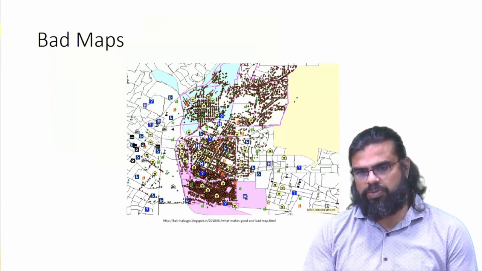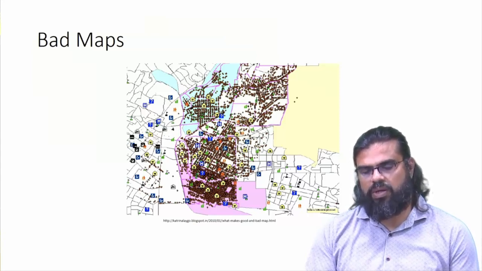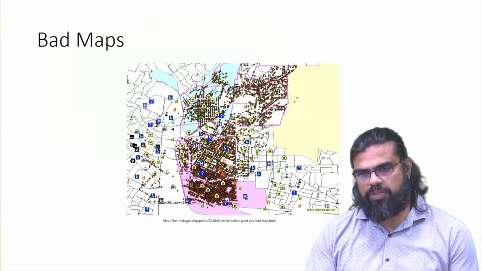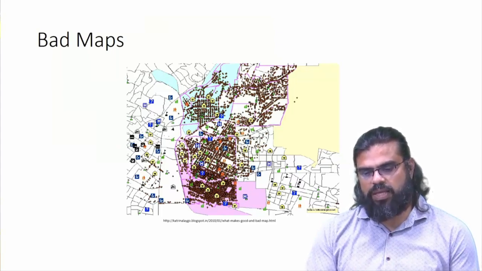So this is the basic objective we should keep in mind: whenever we are creating any map, the information has to be crisp, it has to have a lesser amount of information, and be summarized as much as possible in terms of representation, so that the confusion will be lesser for the end users. And there has to be a kind of pleasing representation.